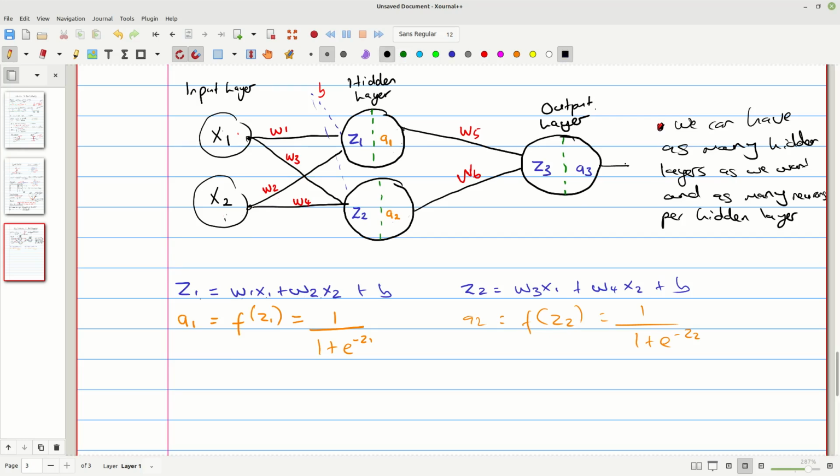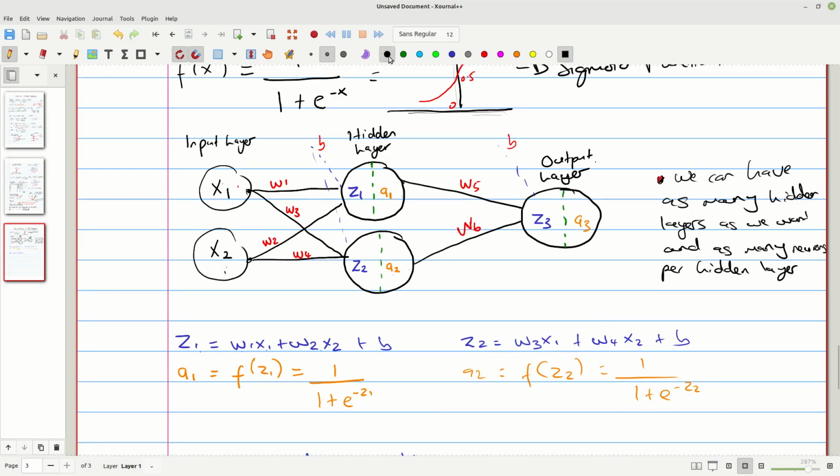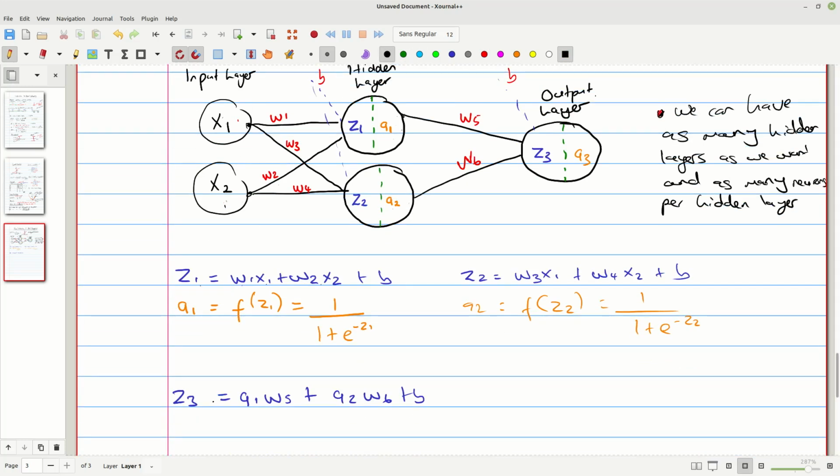To compute Z3, it's equal to the output of here, which is A1, times W5, plus the output of here, which is A2, times W6, plus some bias. That's what will give us Z3. There is another bias term here, B, but not that important right now.